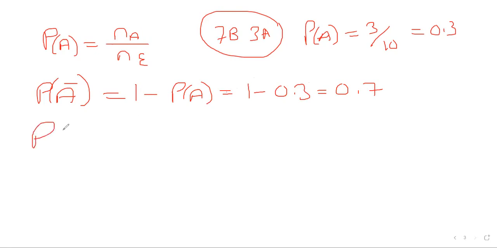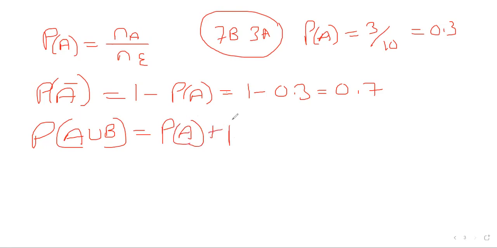Then we have a union set. This is the most useful formula, which simply asserts that the probability of A plus the probability of B, we subtract the intersection. That is how we get the union set.